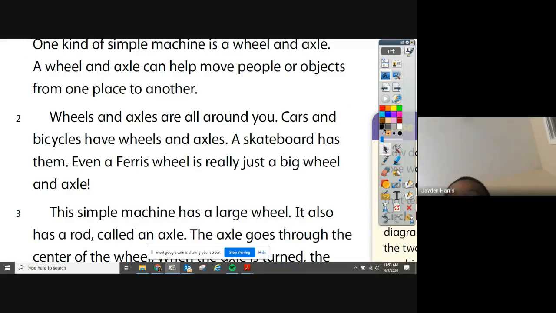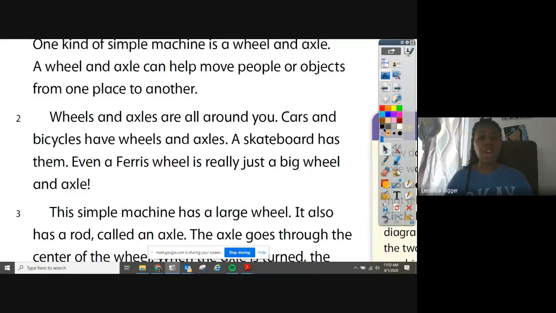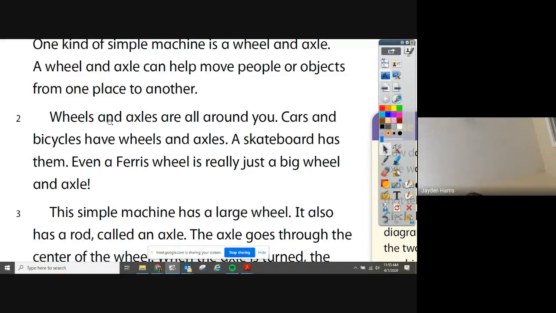Well, let's reread it. So everybody, let's read paragraph 2. Put your eyes right here on the first word. 1, 2, 3, read. Wheels and axles are all around. Cars and bicycles have wheels and axles.